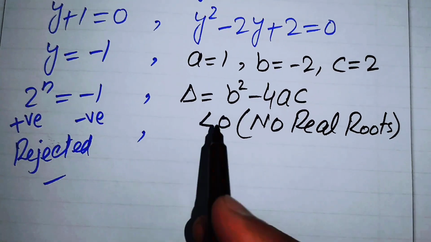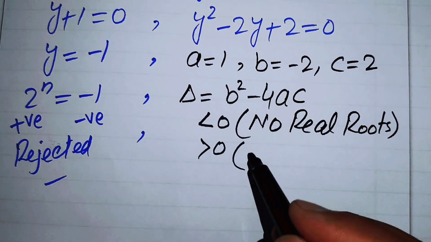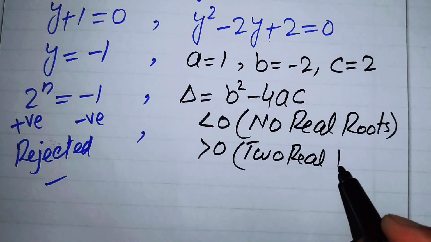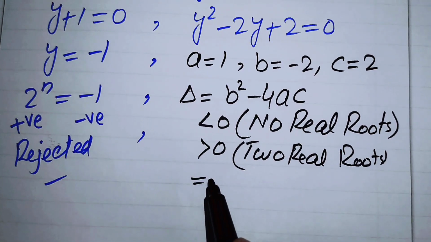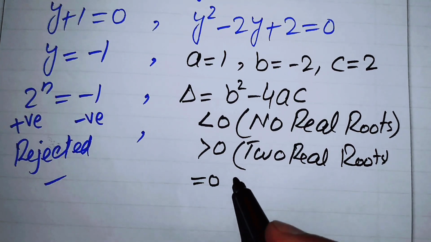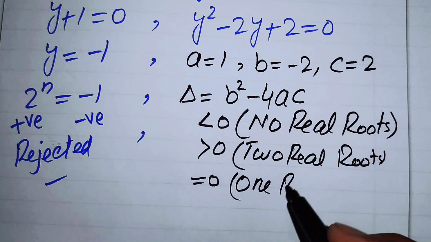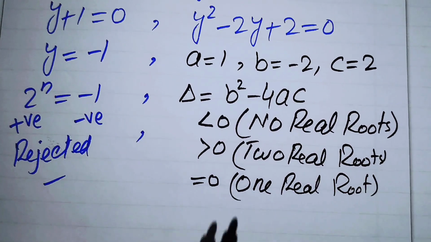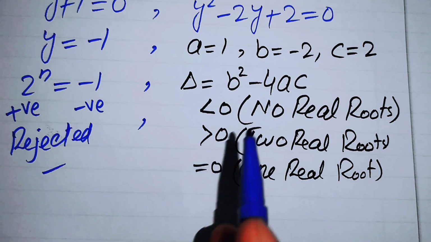Similarly, if this delta gives a value greater than 0, then we say that it has two real roots. And if this delta is equal to 0, then we say that this quadratic equation has one real root.